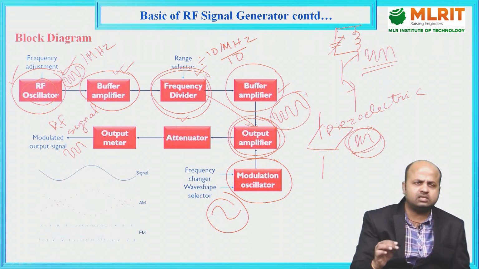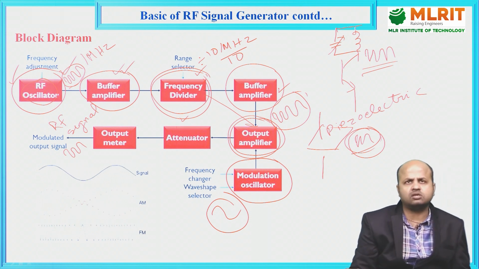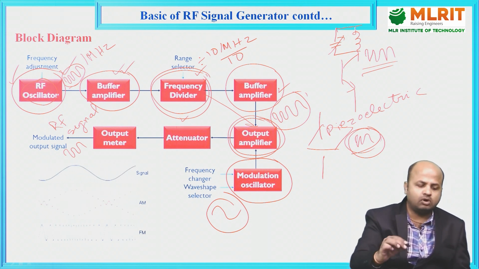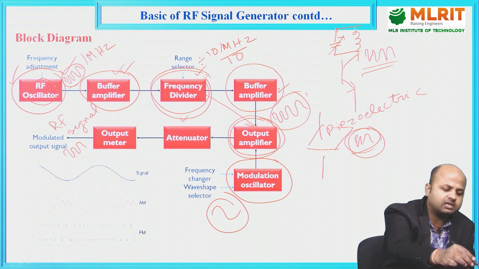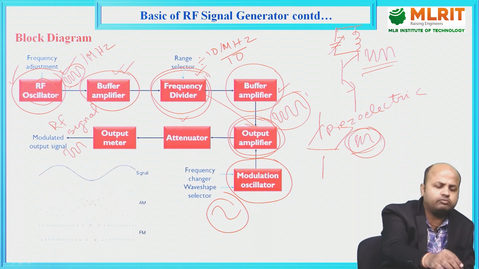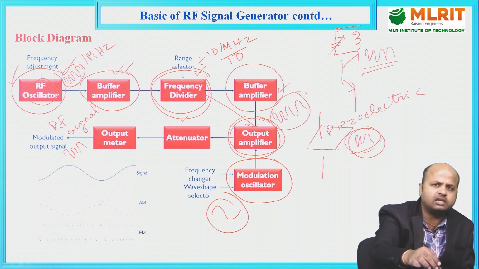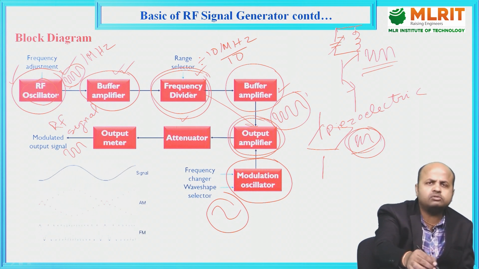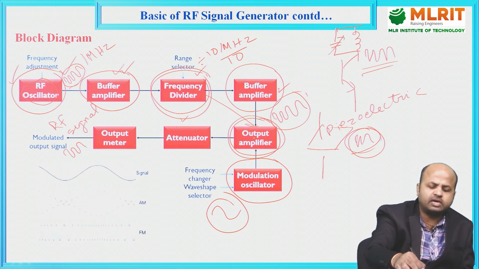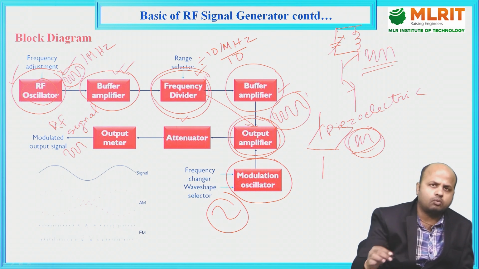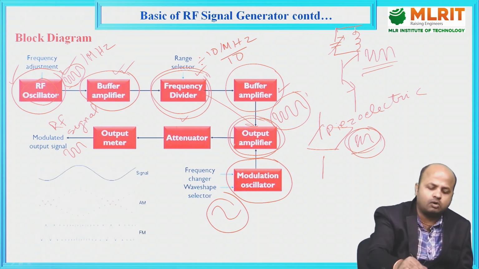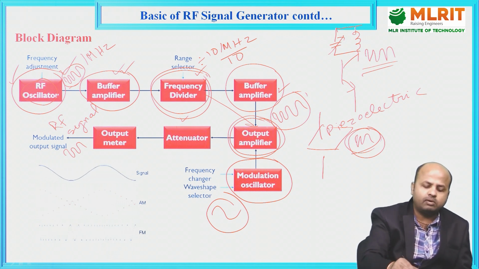So this is the basic construction of the RF signal generator. Let me summarize: RF oscillator, then a buffer amplifier which provides good isolation between two circuits, then a frequency divider circuit. This frequency divider circuit acts as a range selector. As per our need, we select the range of frequency. After that, you give the signal to the output amplifier, and in the output amplifier we can see one modulation oscillator.